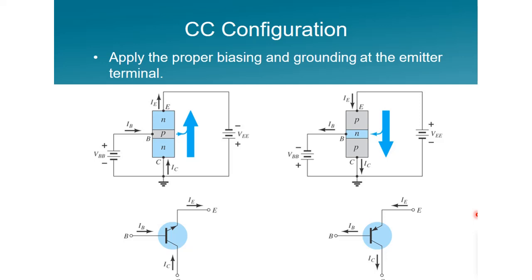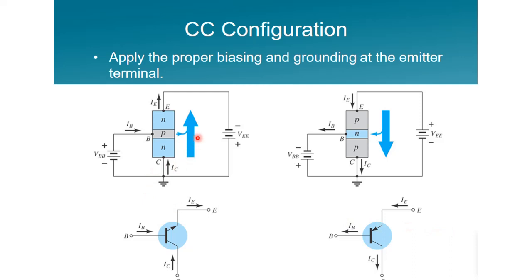As you can see in this slide, there are two types of transistor, NPN and PNP, which are applied with VBB and VEE, and also grounding at the emitter terminal.